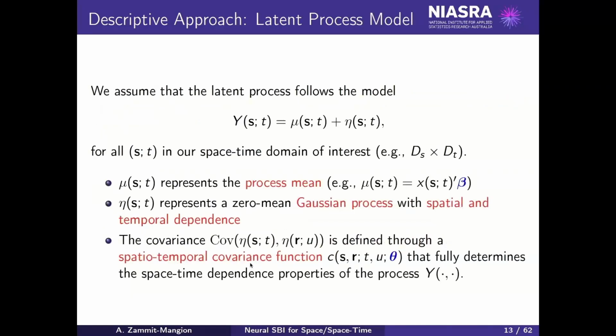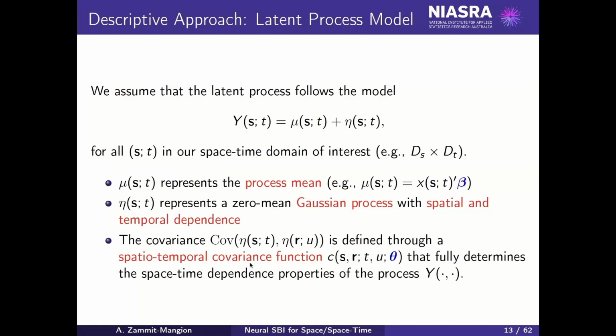Now, what do we do for the process model? Space and time, there usually is this large scale term that I talked about earlier, and then we've got this random term here, which is eta, which gives you the correlations of space and time. This process mean or the large scale term is typically something like x beta.